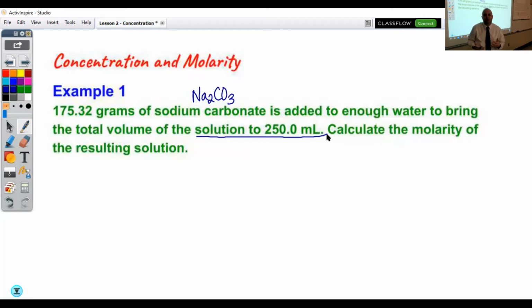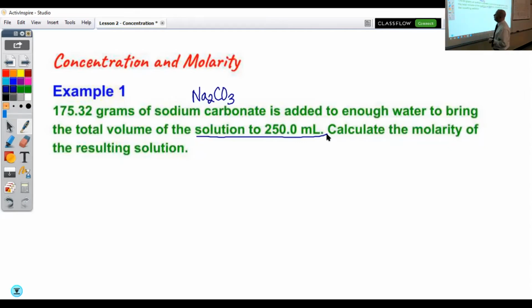So the actual amount of water is probably a little less than 250 milliliters because it's the combination of sodium carbonate and water together that has a volume of 250 milliliters. It's important to note that difference because the volume of the solvent is not necessarily equal to, in fact, is not equal to the volume of the solution as a whole.